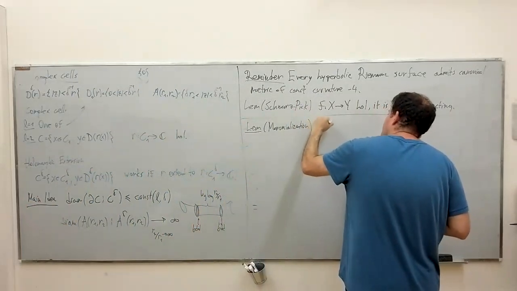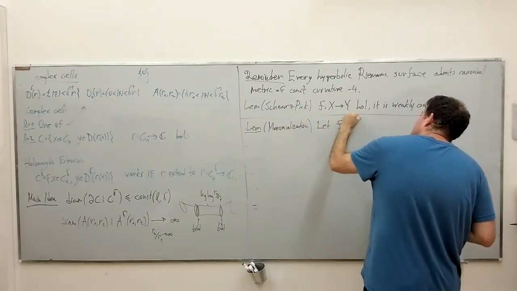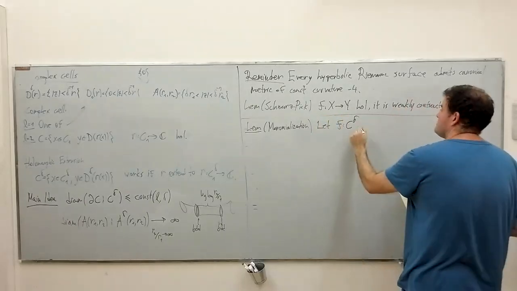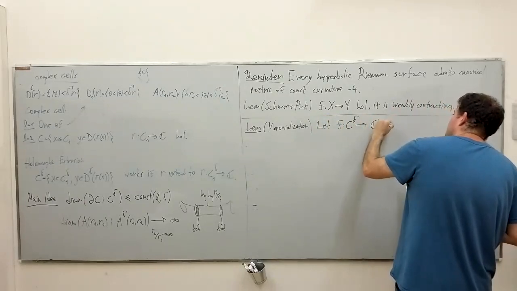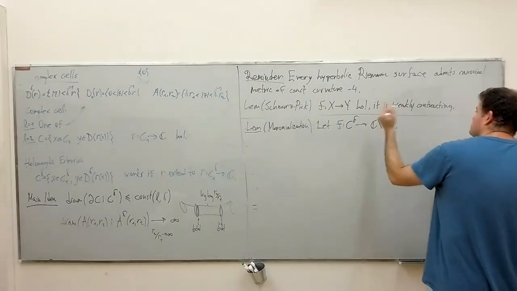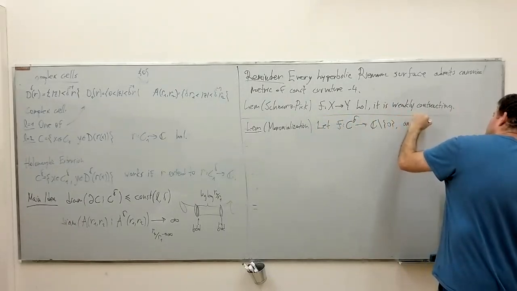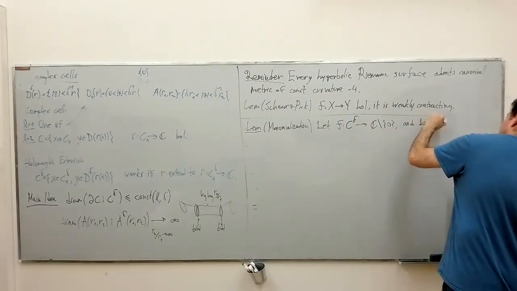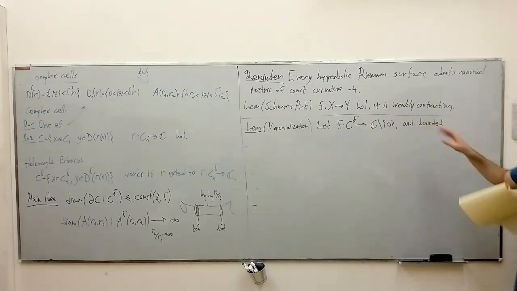So I take f. Say it's defined on a delta extension of some cell, and it goes into C minus 0. Let's also say it's bounded. This condition is not very important, it's just to avoid some technicalities. But let's say I take a non-vanishing function which is bounded.